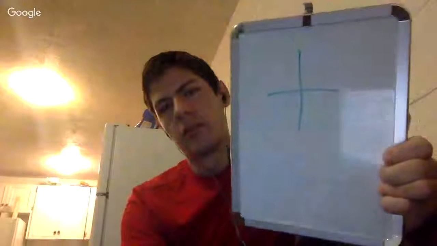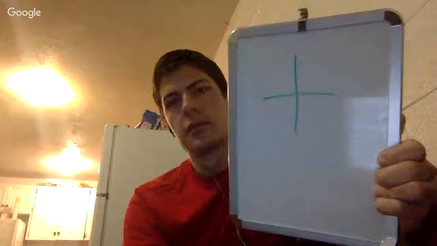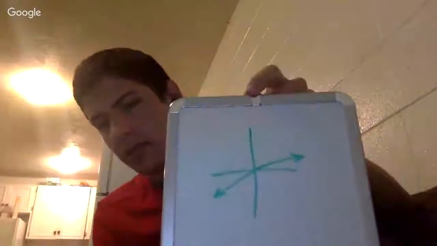And so you draw the coordinate plane, and then you draw the angle pi over 6, like that. And you also go into the negative direction because the radius could be negative.